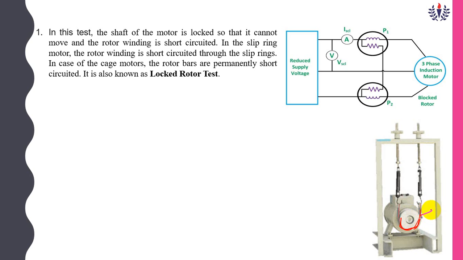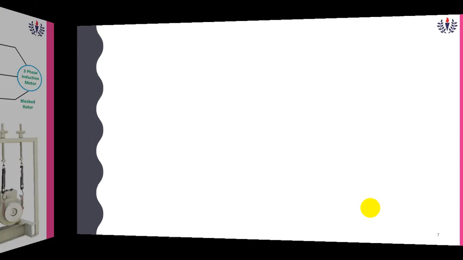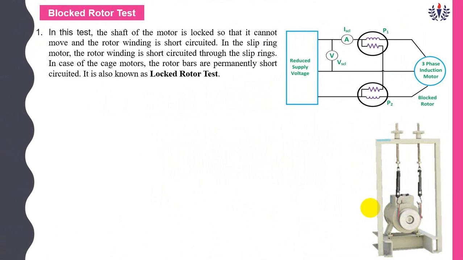During that time the motor does not rotate, so you have to apply the voltage, from 0 to 100. You apply the load also, but the motor is not running, so you have to measure the voltage and current. Understood or not?